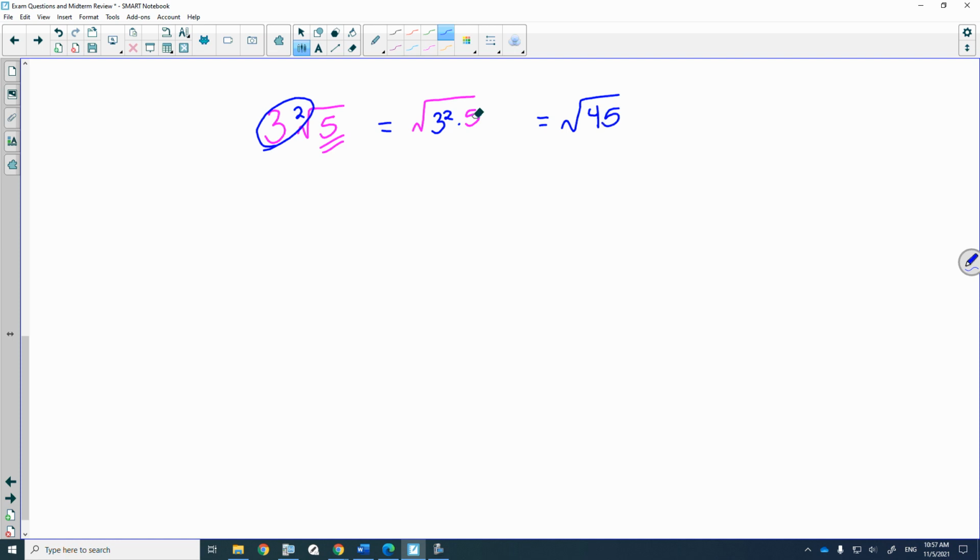Okay, try these two. So 4 times the third root of 6. How did they get that 4 outside, and how do you do the reverse and get it back underneath the radical sign?